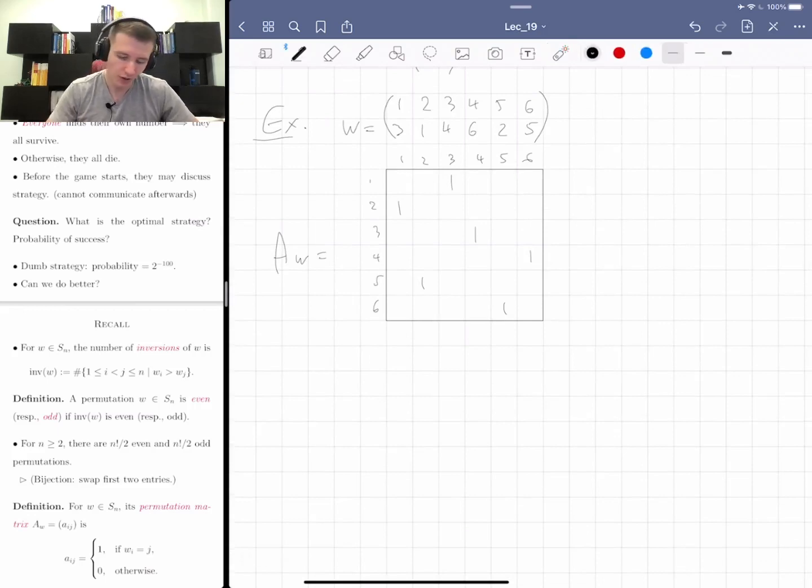And in particular, let's see if we can find the determinant of the permutation matrix. If you remember your linear algebra class, what is the determinant of an arbitrary permutation matrix in terms of W? -1 to the number of inversions. Yeah, that's correct.